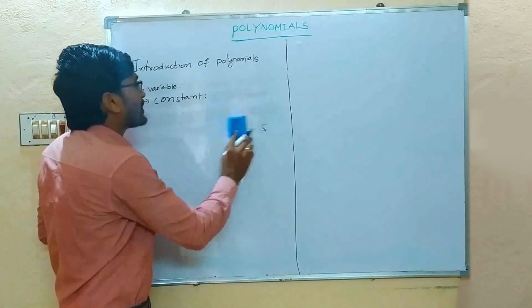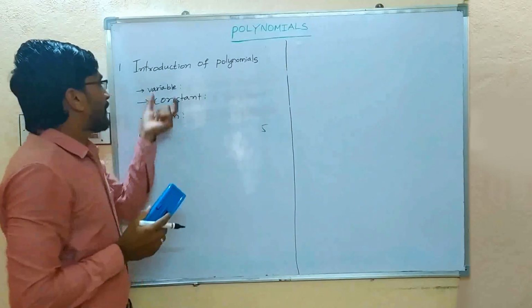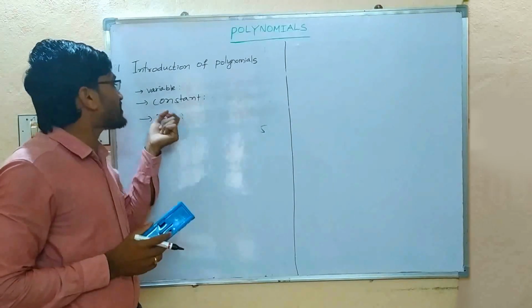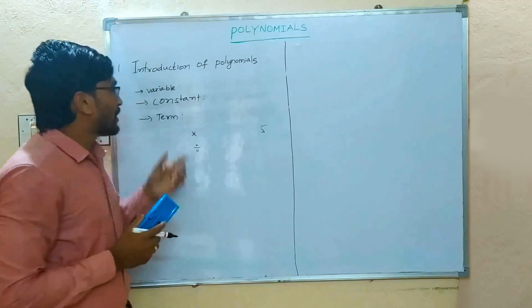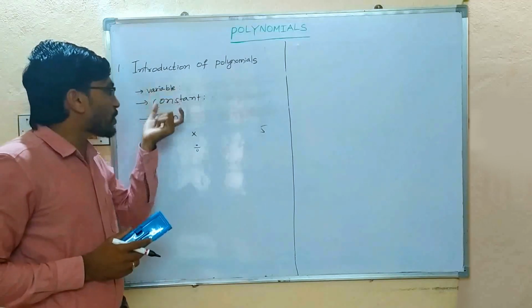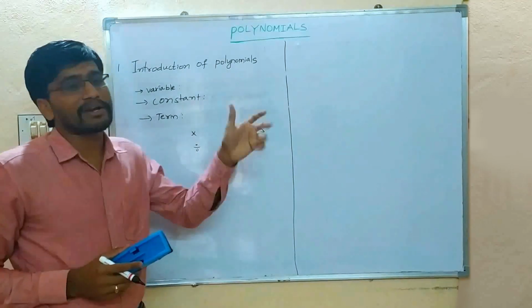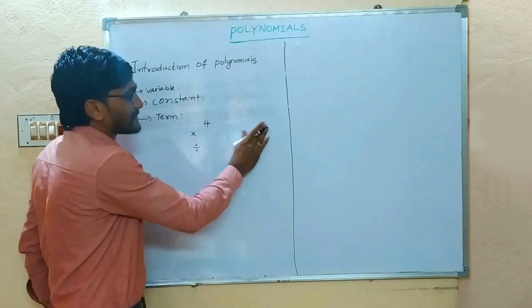Next, what is a term? What is a term? Variable alone or constant alone or their combination by either multiplication or division is called a term. For suppose I want to consider 4 is a constant.